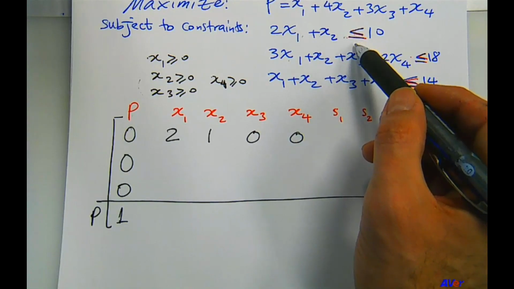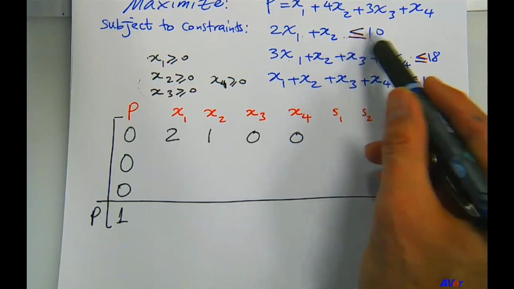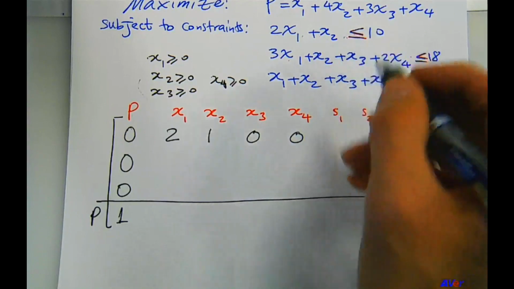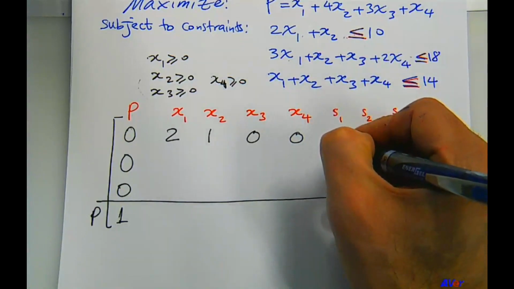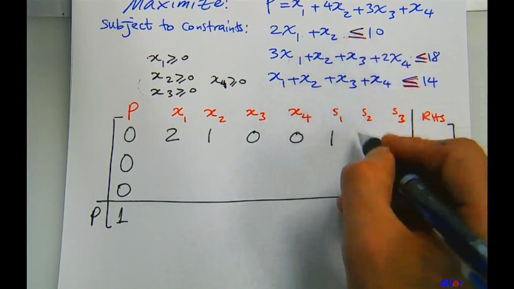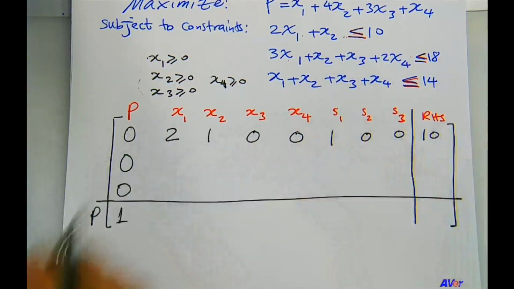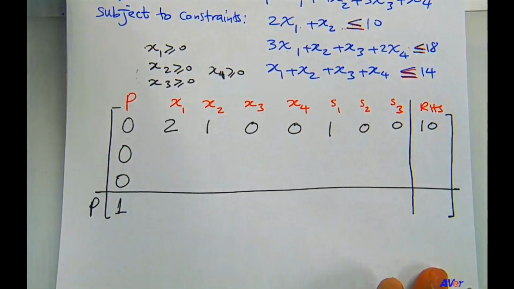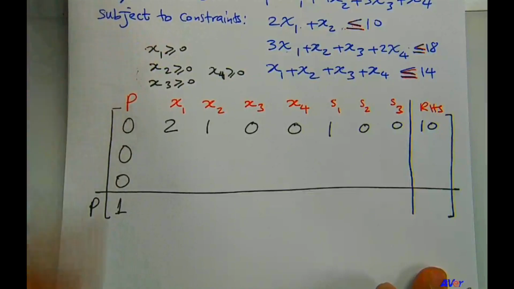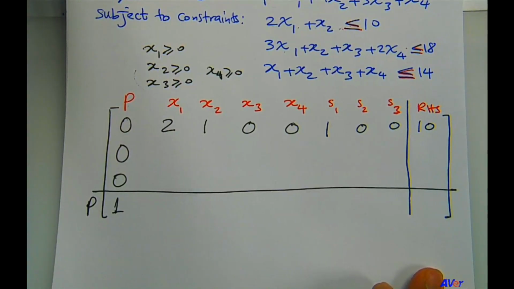It's quicker, it's more efficient during an exam. So there is going to be an s1 here to convert this to an equation, and the coefficient of that is going to be 1. There's not going to be any s2 and s3 for this inequality, so 0, 0, and then 10. Okay, I hope you followed that. If not, please don't hesitate to ask your questions on the discussion board.